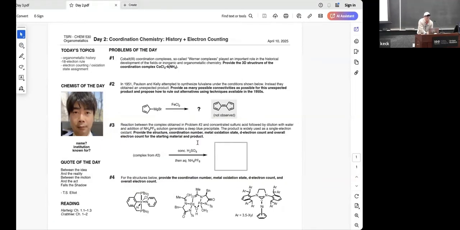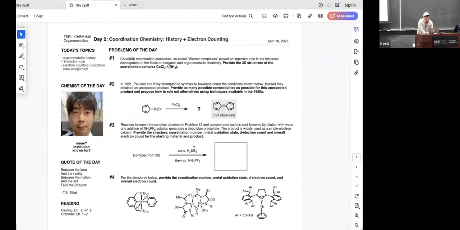So thinking back to problem of the day number 2 from last time, you'll remember that we covered Paulson and Kelly's seminal synthesis of ferrocene. So now we're using ferrocene as the starting point. And what we're going to do is a reaction between ferrocene and concentrated sulfuric acid, a workup where we treat whatever is formed from that with ammonium hexafluorophosphate.